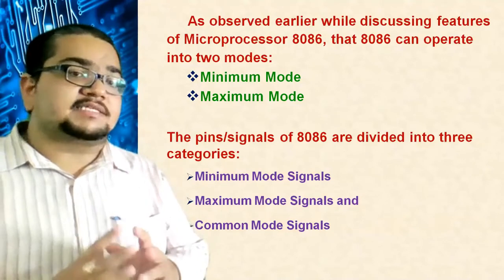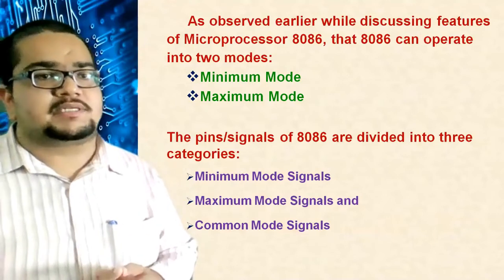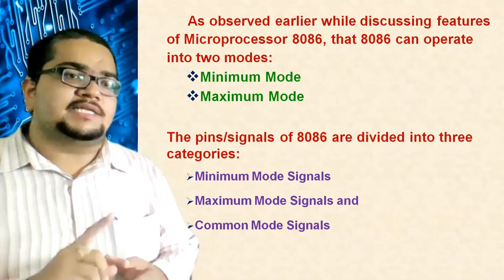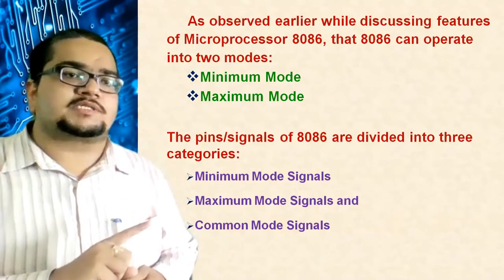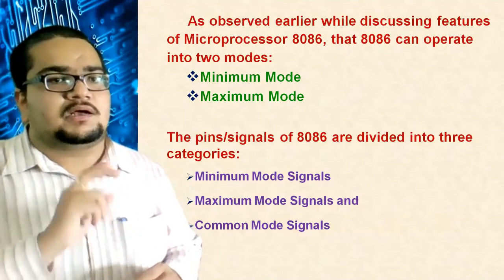Now you have to understand why this categorization is there. This categorization of pins or signals of 8086 is into 3 parts because 8086 can function in 2 different modes. It can function as a single processor mode, that is the minimum mode. It can function as a multi-processor mode, that is the maximum mode.